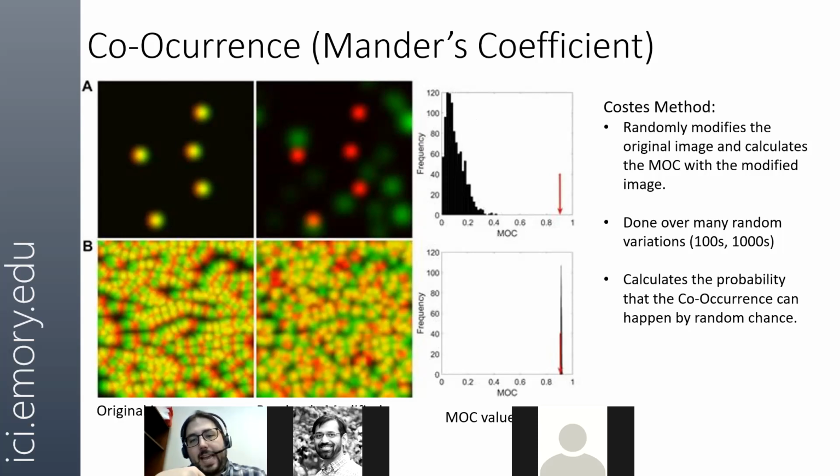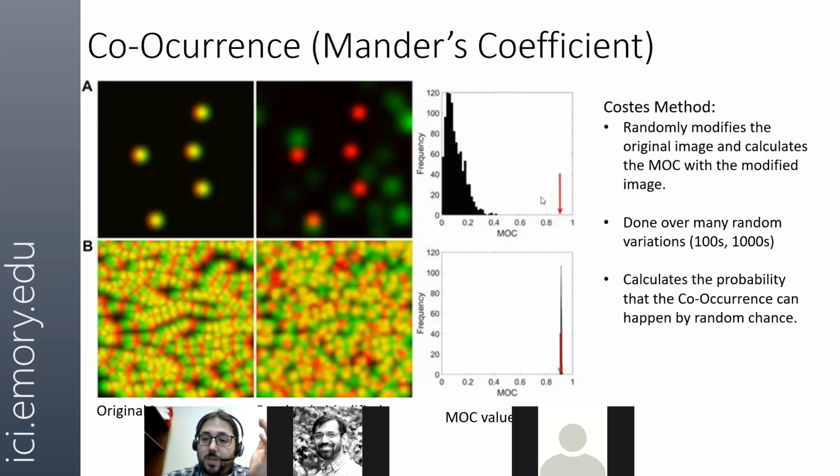The distribution of A indicates that as we randomly change one of the images and then calculate Manders coefficient for that, we see a lot of variation, and then the preponderance or the variation in the MOC drops off.